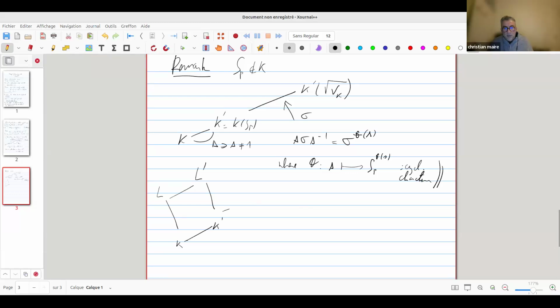Now if you have this extension, which is not trivial, is there some intersection between my extension here and this extension? Forget the P here. And the answer is no. It's very important in the story. So if this extension is not trivial, it implies that you have equality here.